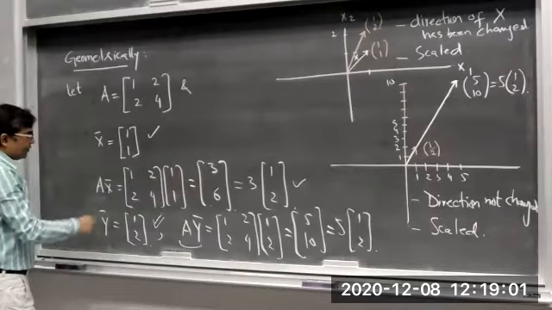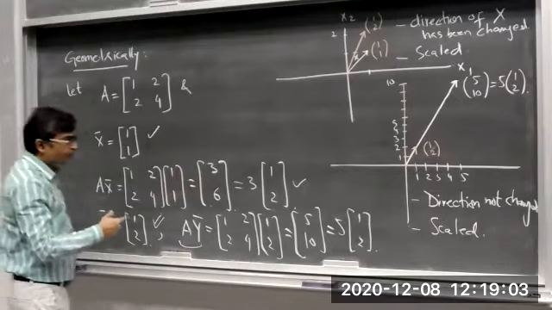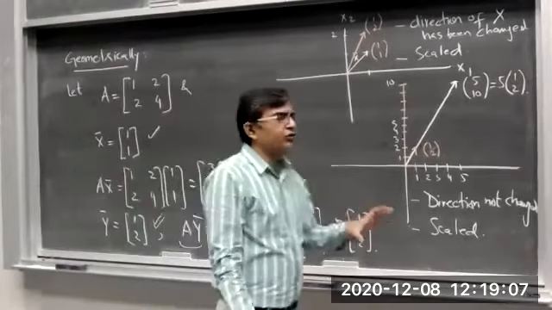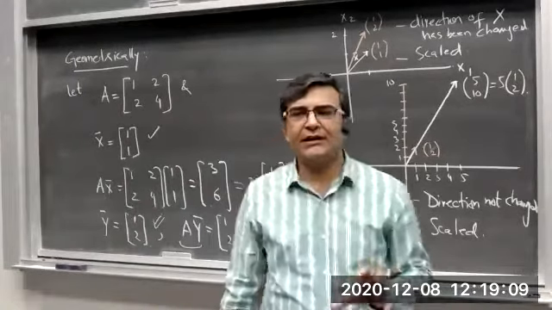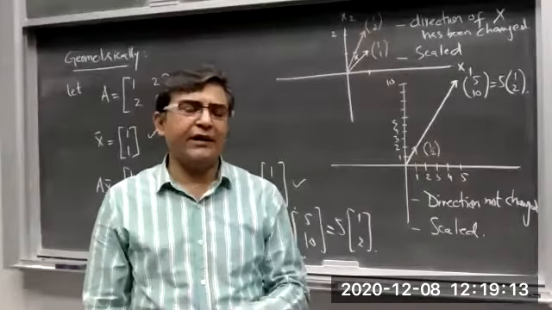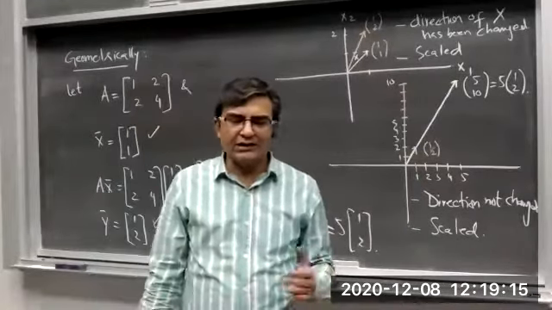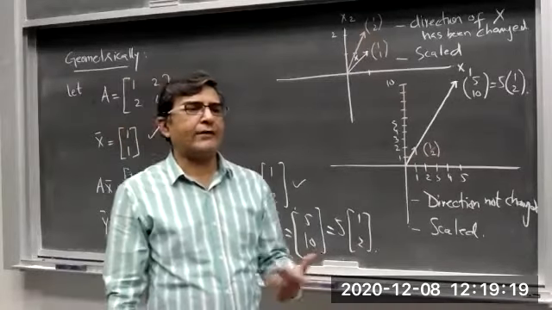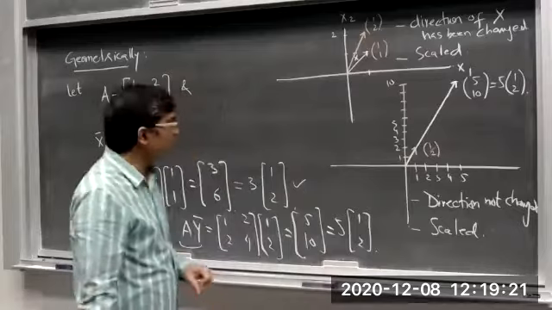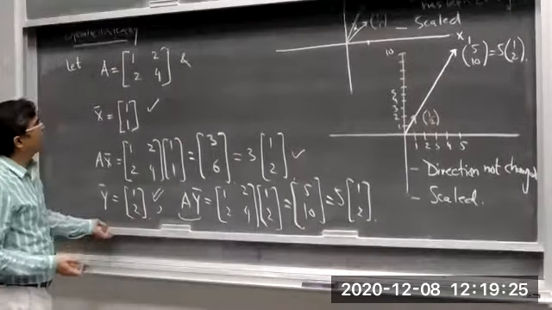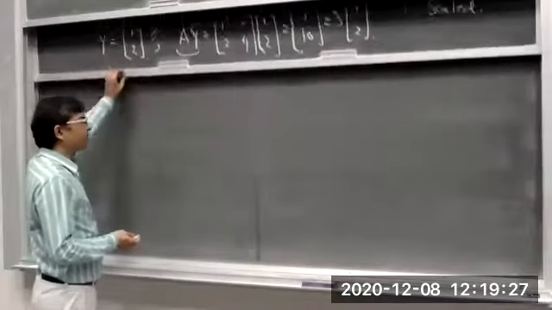So we say that all these vectors whose direction has not been changed except the negative sign, and which are only scaled, in some space are called eigenvectors. I hope you get it. If you have any questions, you can ask.